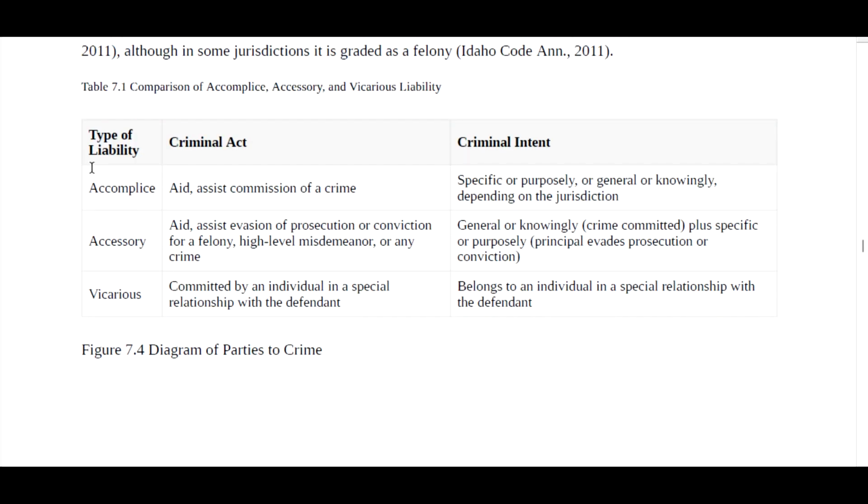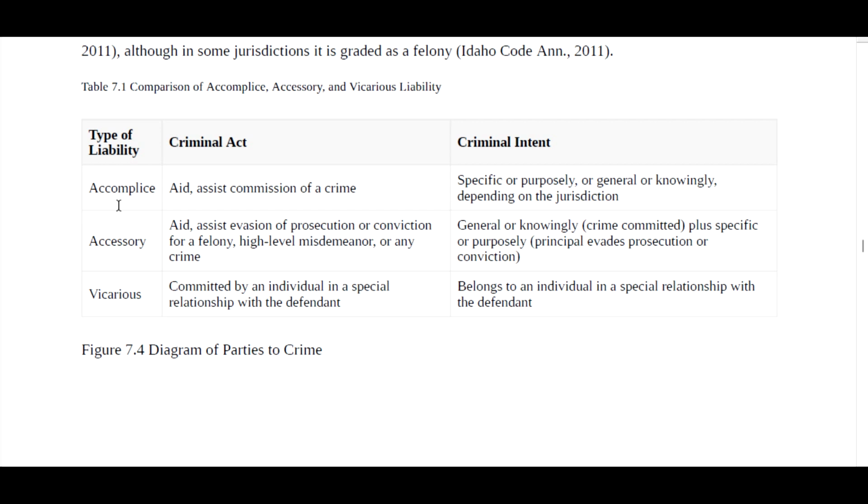All right. And of course, like everything else, we have grading. So the types of liability are accomplice liability, accessory, and vicarious. We grade them at different levels, based on their act and their intent. To highlight what we've talked about so far, an accomplice aids or assists in the commission of a crime, and has a specific or purposeful intent in doing it, depending on the jurisdiction.